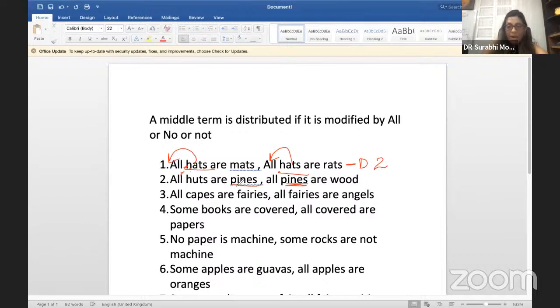In the first statement, pines is not written with all, but in the second statement, it is written with all. Hence, it is distributed once. Can you see it? Third statement, fairies. It's distributed only once. Fourth statement, covered. It is distributed only once. Can you see it?